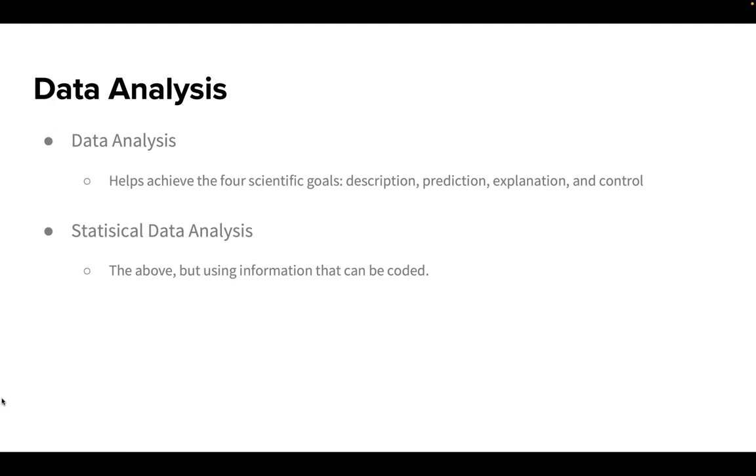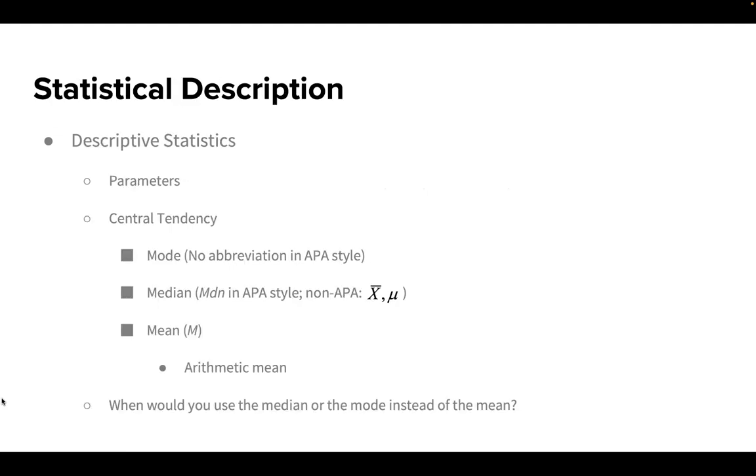And so when we talk about data analysis, statistical data analysis is a subset using information that we can put into some way of recording that is, well, not necessarily numeric, something that we can tabulate, that we can count up, that we can make sense of in terms of quantities and look at relations and patterns.